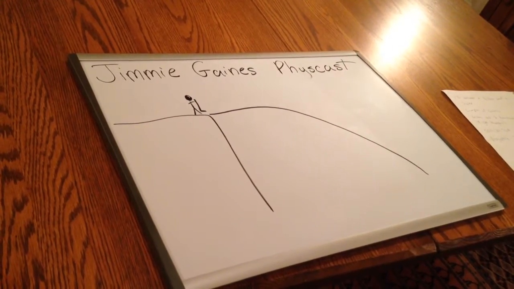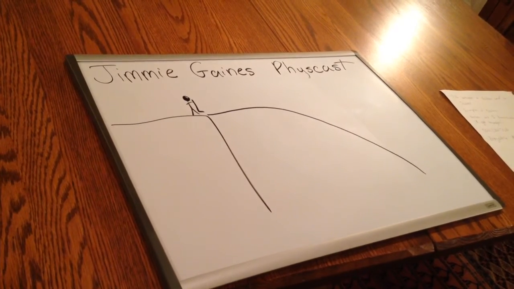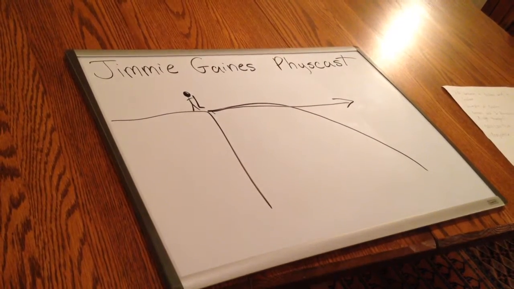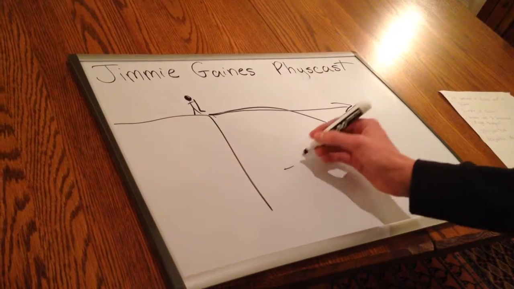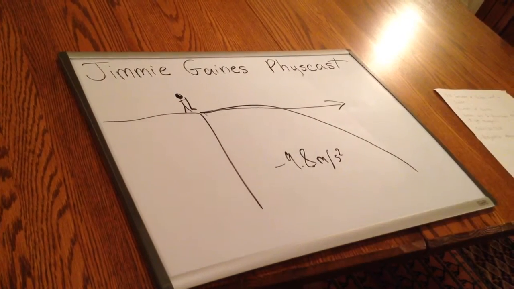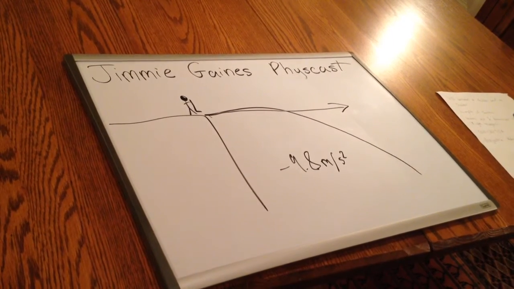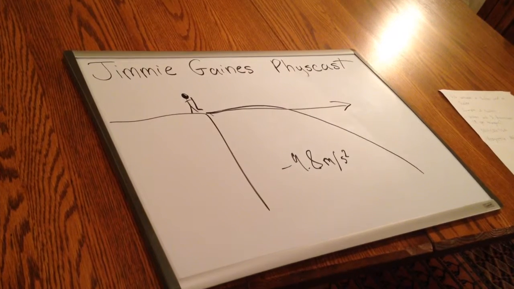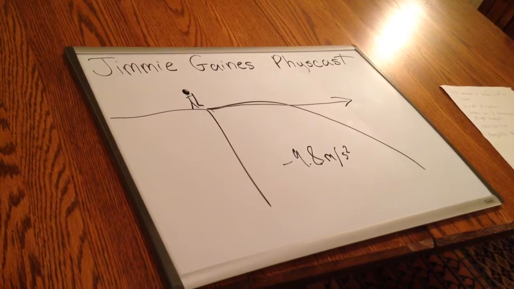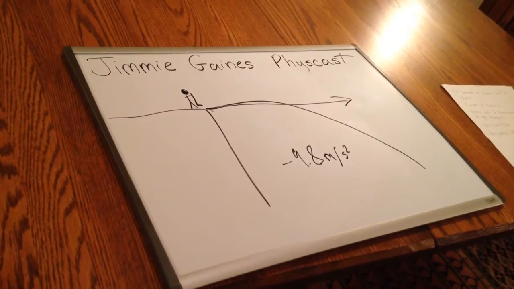And without the effects of gravity or air resistance, the golf ball will just travel in a directly horizontal line forever. However, because of the forces of gravity, which is negative 9.8 meters per second squared, that's acceleration due to gravity, the ball will start out going in that straight line, but the second that it falls off the building, it will go under the effects of gravity, in which it will be going faster and faster in the negative y direction.